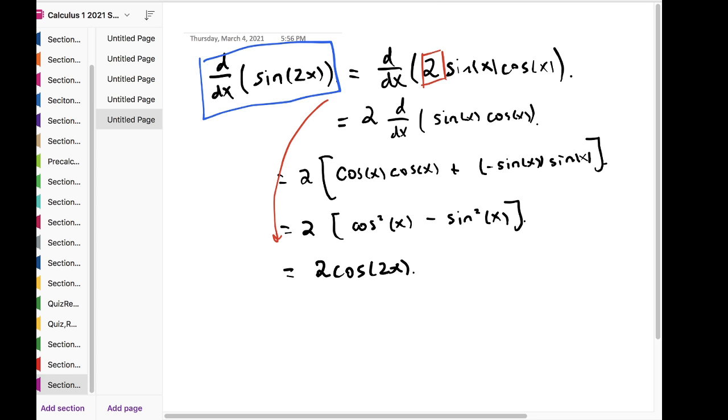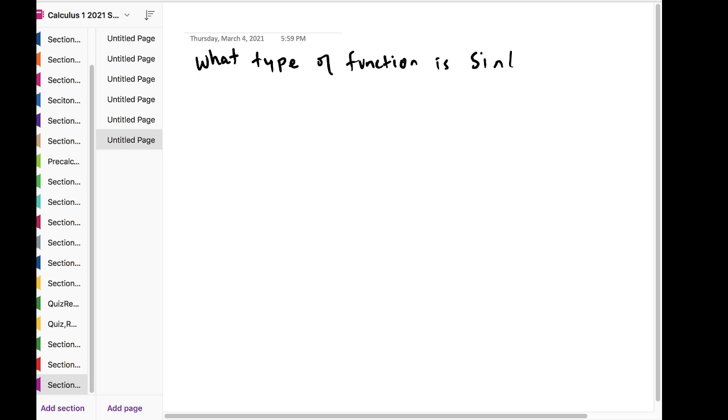And so let me ask you, what type of function is sine of 2x? It's not a product, right? It's not a sum. But it's a combination of functions, right? What do we call combinations of functions?